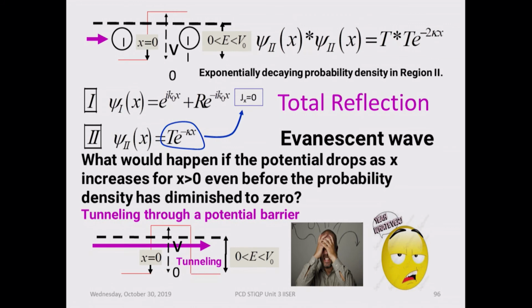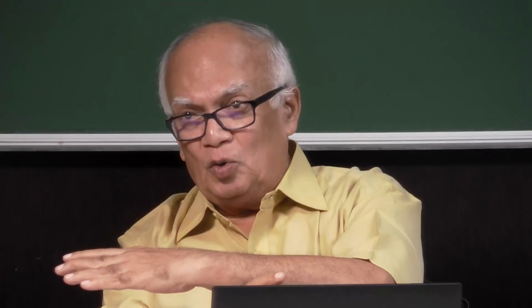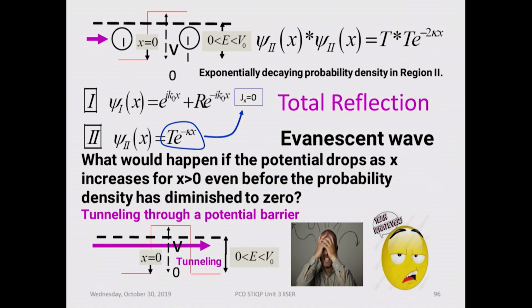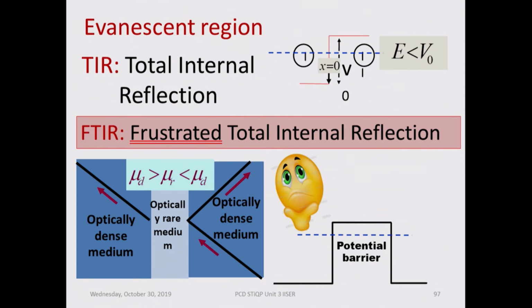If you diminish the width of the barrier, then the particle has the probability of tunneling through, which is a well-known quantum phenomenon. So, all of these things happen in nature, and this idea of the evanescent wave is of importance in understanding the Young's triple slit experiment.